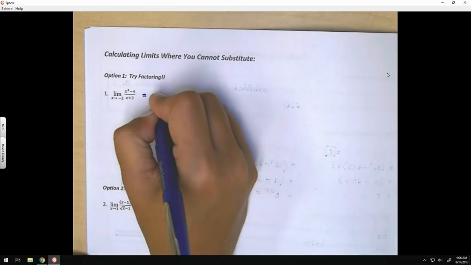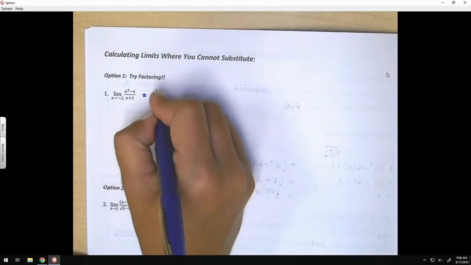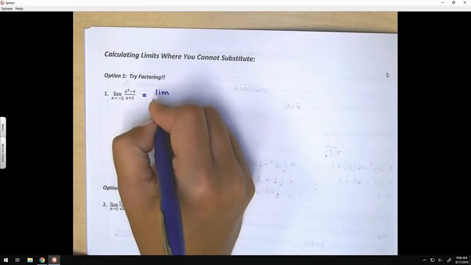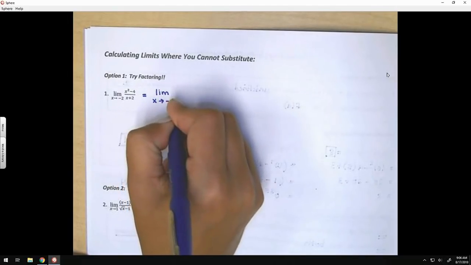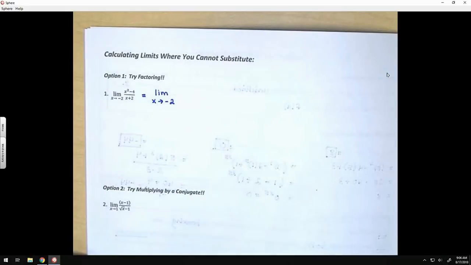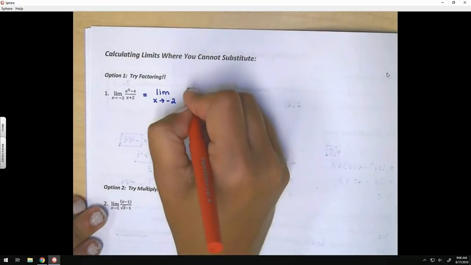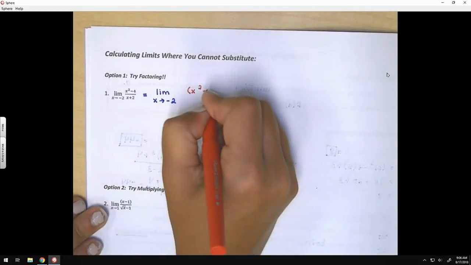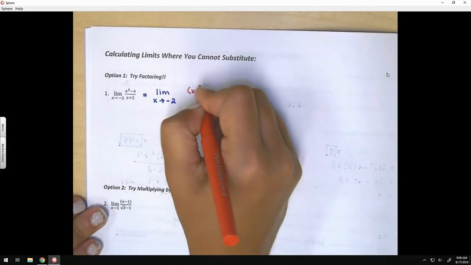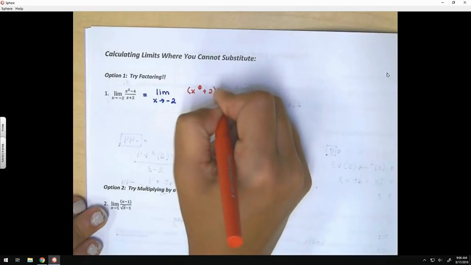I'm noticing that the top of this function has an x squared minus 4, which is a quadratic that is factorable. So I would say that this limit is equal to the limit as x approaches negative 2, and I'm just going to factor the top now. When I factor the numerator, I get x plus 2 and x minus 2.